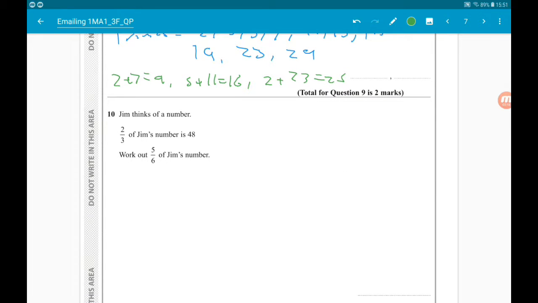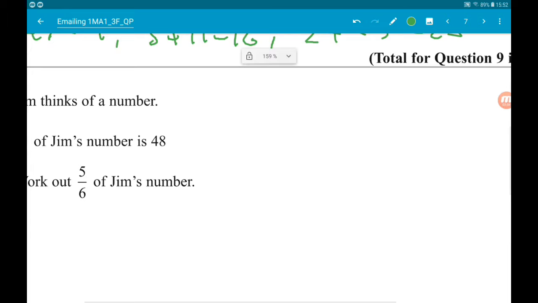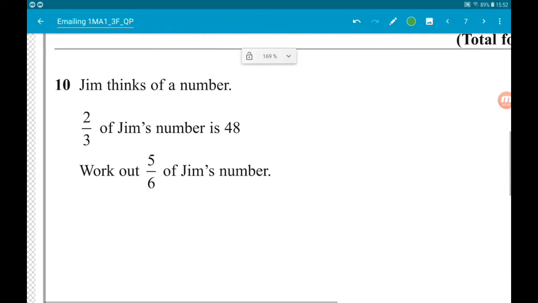Okay, number 10. We are told Jim thinks of a number. 2/3 of Jim's number is 48. Work out 5/6 of Jim's number. Okay, so we know that 2/3 is equal to 48.